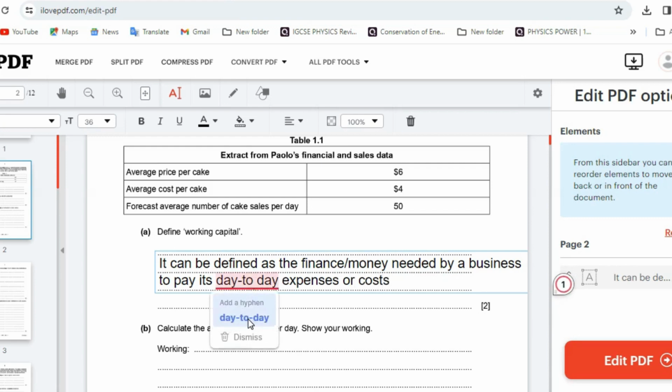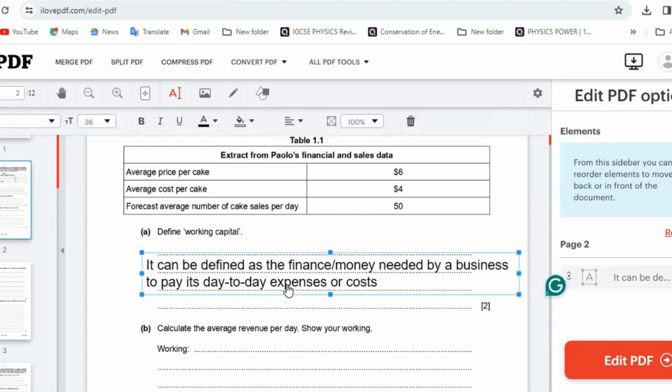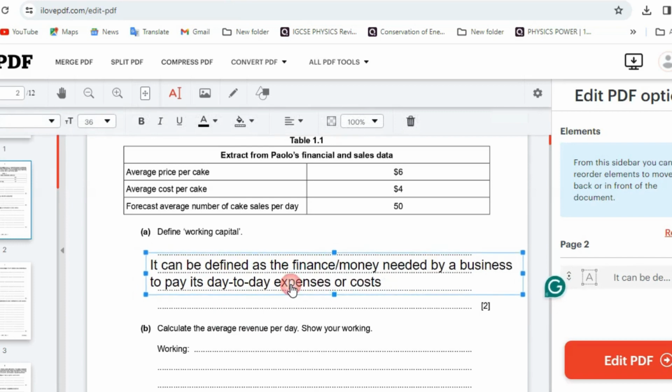You can also say the capital needed to finance day-to-day running expenses. And you can also put it in formula as current assets minus current liabilities, which will also give us our working capital.